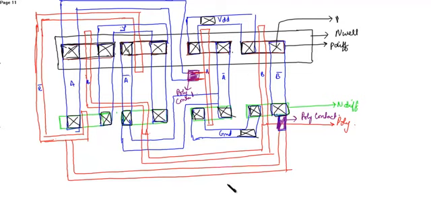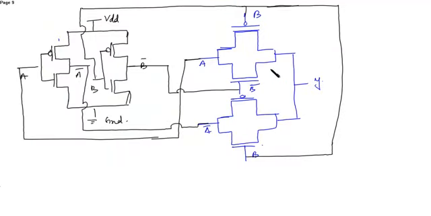Similarly, you can draw the layout from the normal schematic diagram also, as discussed earlier. For the layout from the normal schematic, you can see here the transmission gate will be drawn exactly like this, and the inverter will be drawn exactly like this. As this is, suppose, the PMOS, then you have to take an N-well, then the P diffusion layer inside it in a straight manner, like this format.